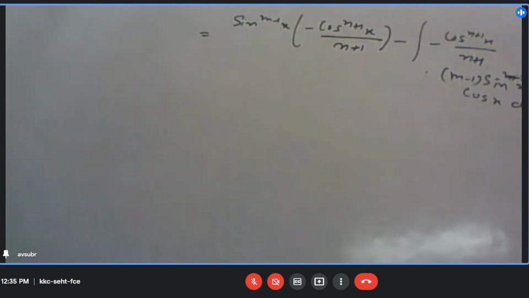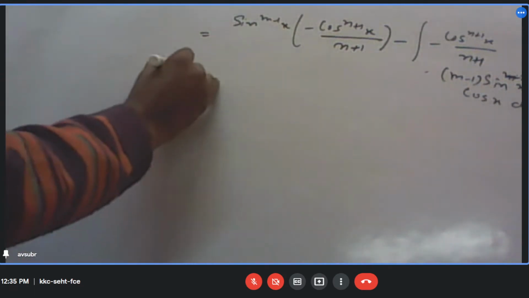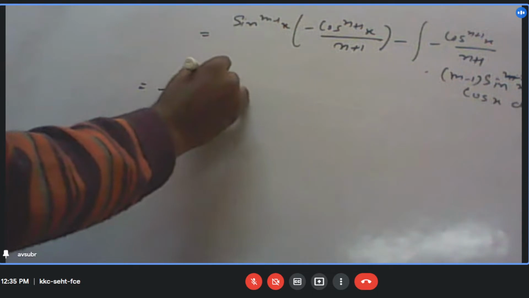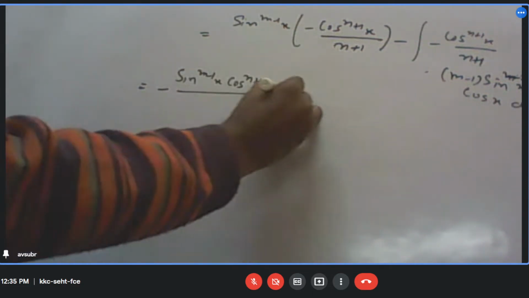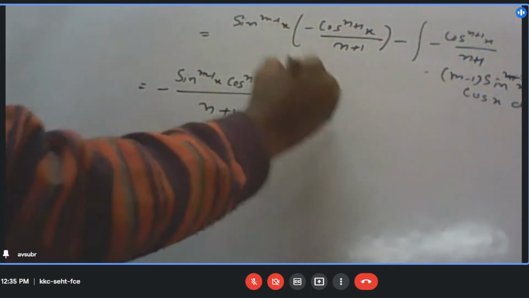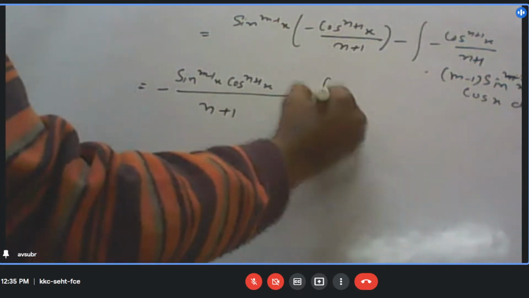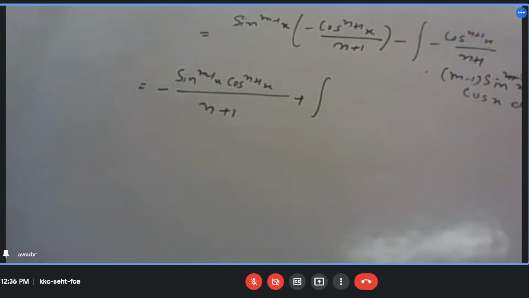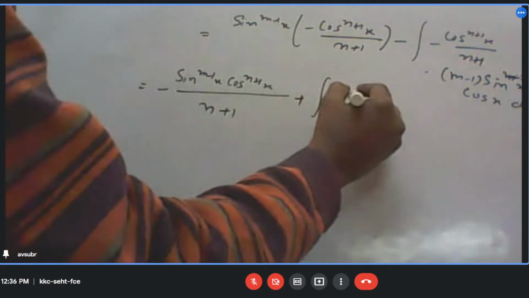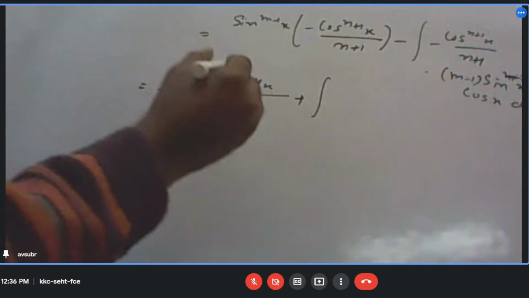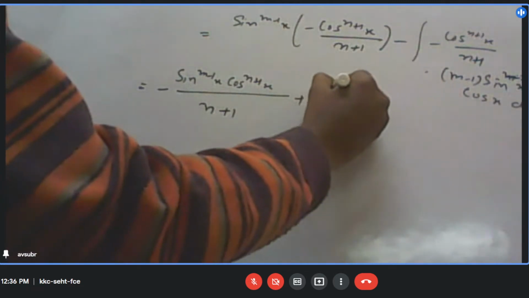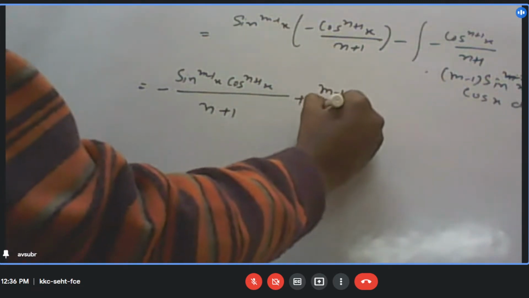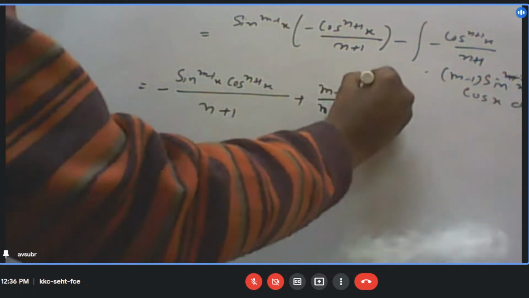So I can write it like this: minus sine to the power m minus 1 x cos n plus 1 x by n plus 1, plus the integration of m minus 1 by n plus 1, which I can take out of this.